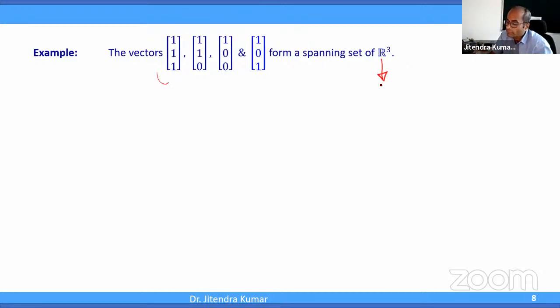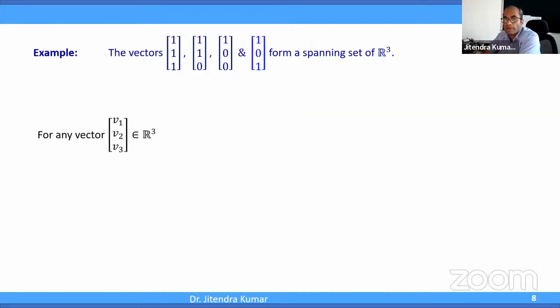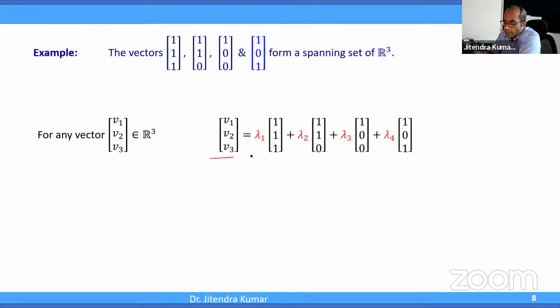Any vector you take from R3 can be expressed as lambda 1 v1, lambda 2 v2, lambda 3 v3, and lambda 4 v4, where this is, let's say, v1, this is v2, this is v3, and this is v4. So for any vector v1, v2, v3 from R3, we can write this equal to lambda 1 v1, lambda 2 v2, and so on.